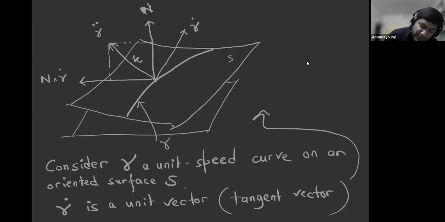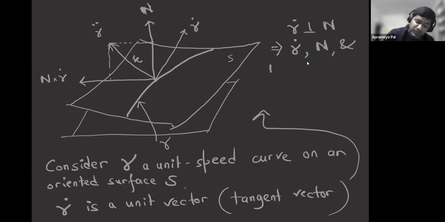So gamma dot is perpendicular to n, and that's nice, because then, if you consider the unit normal n and the cross product n cross gamma dot, these all are mutually perpendicular to each other.